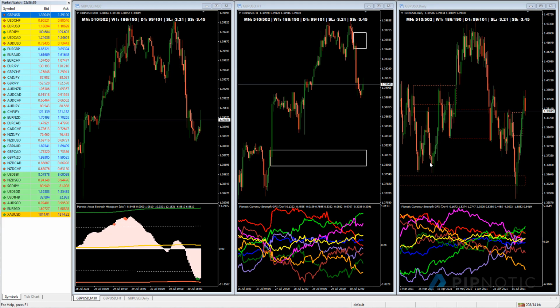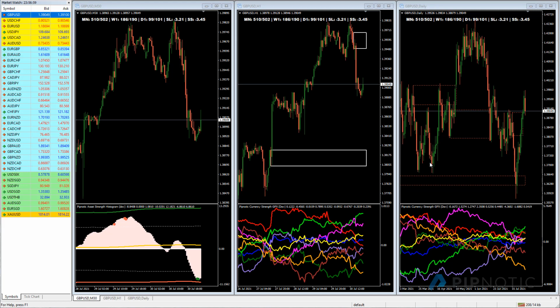Using currency strength is a really nice way to filter out currency pairs that aren't moving. Sometimes a currency pair is just moving sideways because there's an agreement in the relative strength of one currency relative to the other. So it's most important to focus on the currencies that are actually moving.